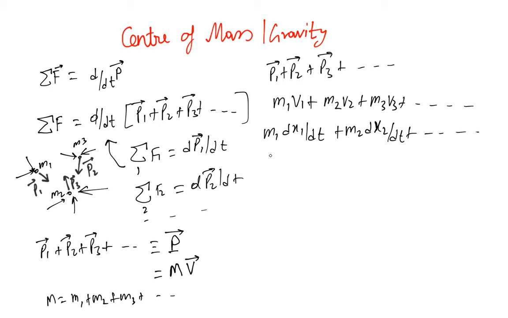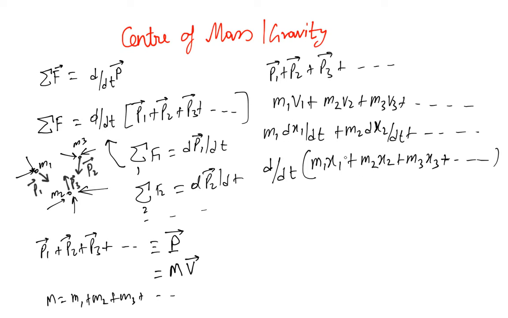This whole thing can be written as d over dt acting on the summation M1 x1 plus M2 x2 plus M3 x3, because it's a linear operator. When it acts on all these particles, it does not touch M1 but acts on x1, because M1 is just a number. So when you open the bracket, you get M1 dx1 over dt plus M2 dx2 over dt and so on.